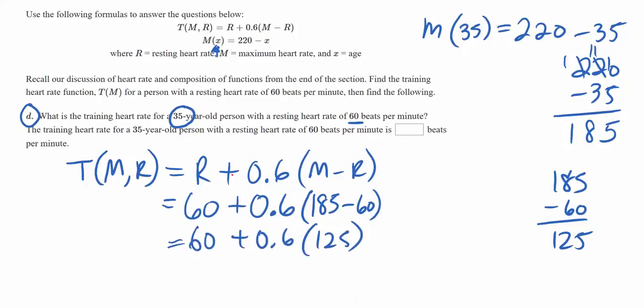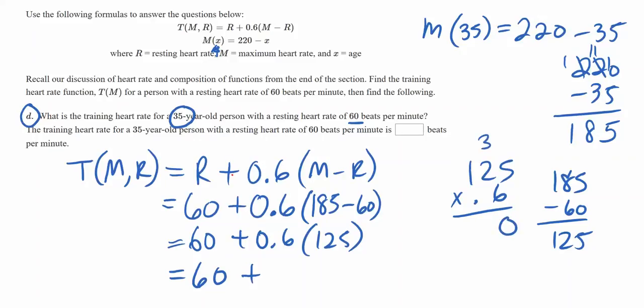All right, and then multiply 125 times 0.6. That's going to be 75, with one decimal point accuracy.